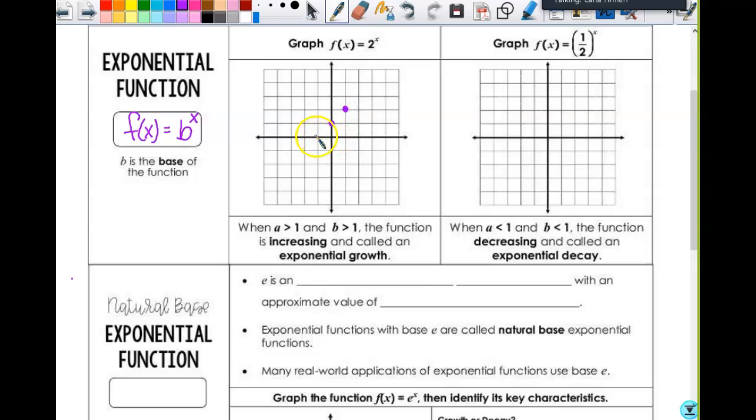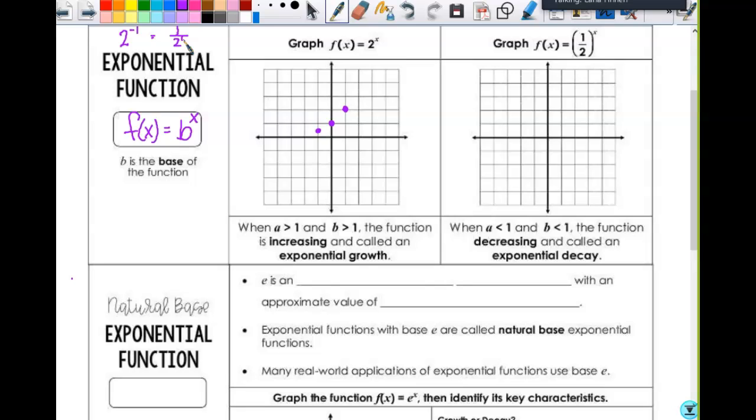If I use -1, 2 to the -1 power, what's that? 1/2? Yes, you're right. Because if I have 2 to the -1 power, remember what negative exponents do? It brings it to the denominator, so it's 1 over 2 to the first. So basically, if it's just to the -1, you're taking the reciprocal is the way that works.